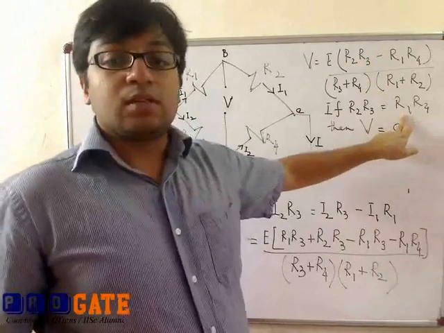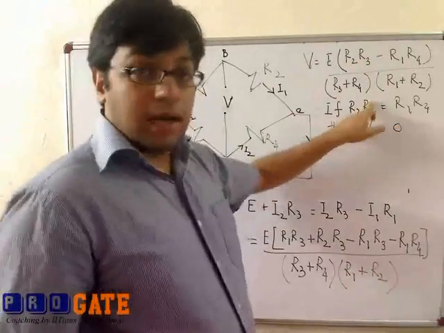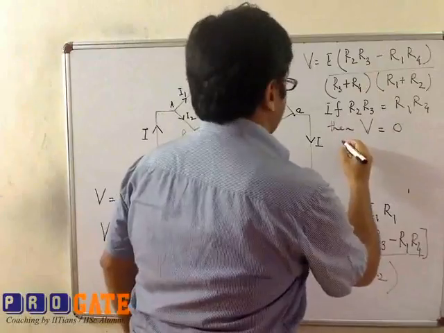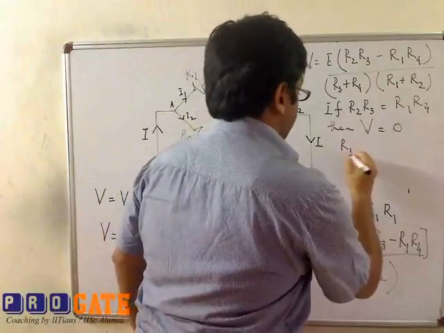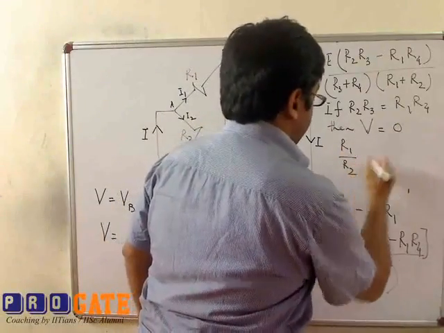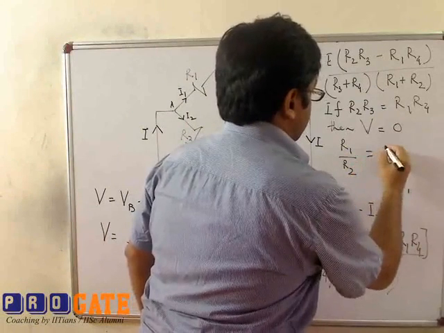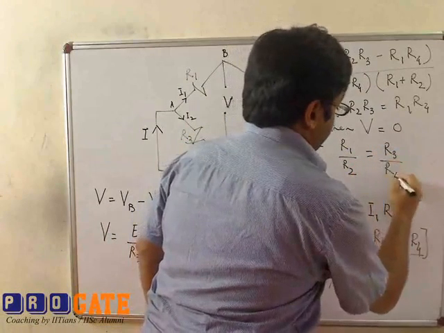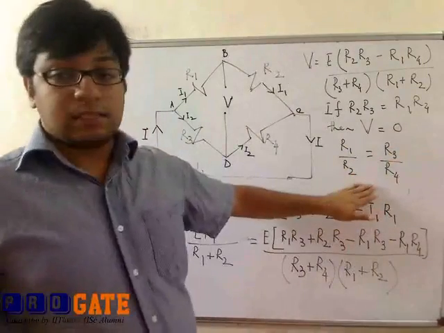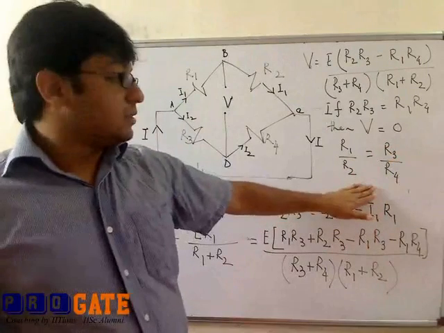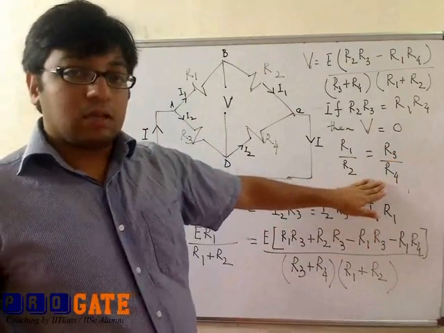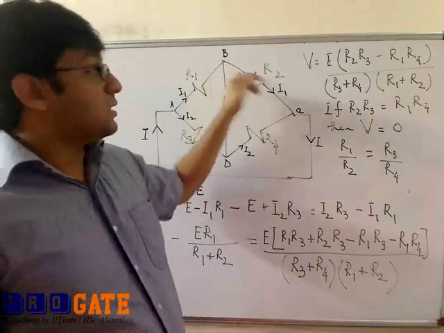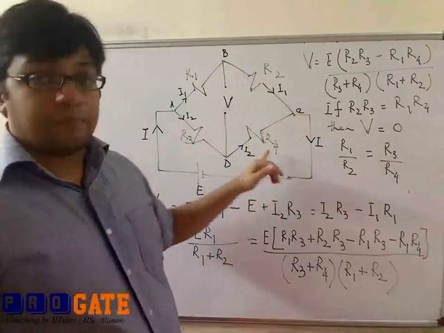This equation is also expressed popularly as this. That is, when the bridge is balanced, the ratio of the resistances in adjacent arms is the same.